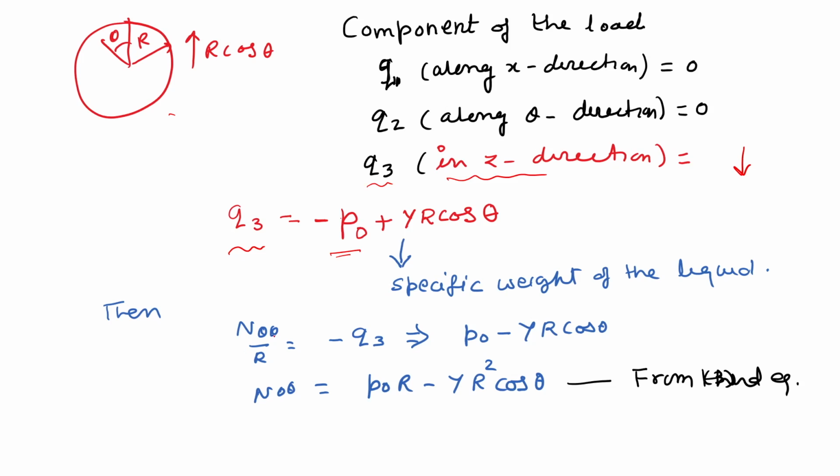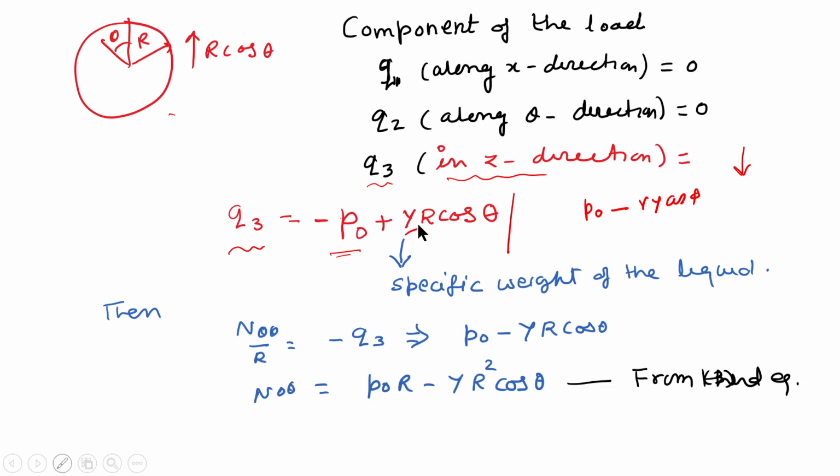So, from there, n theta theta by r minus q r. In some of the books you can say that if you assume it is acting, P naught minus the liquid pressure will be in the opposite direction always.